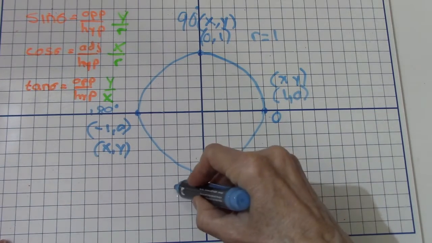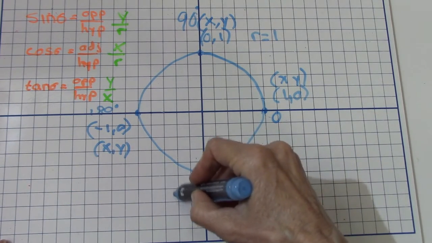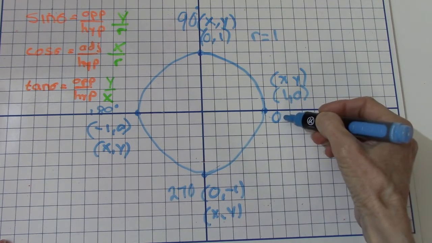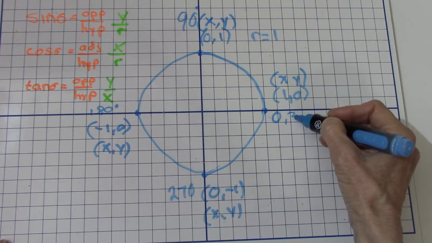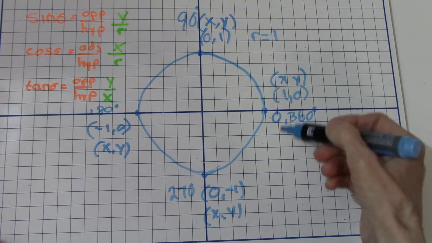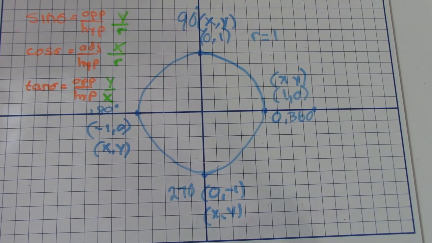And here is 270. And over here we can also call this 0 degrees, or we can call it 360. That's why we say 360 is a whole complete circle, so we end up where we started. That's one circle.